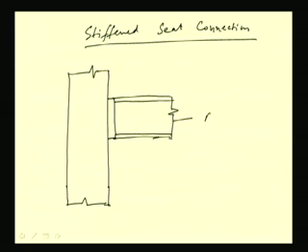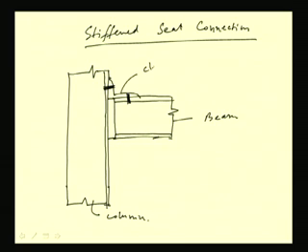Now, this is the beam, this is the column, and now we will provide, let us provide first the cleat angle. So, this is called the cleat angle. Now, this is B by 2 and this is B.